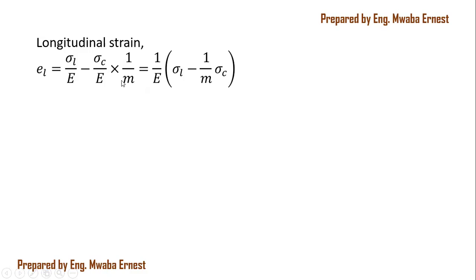The first one that we had was here, because that was the one we were dealing with. In this case, we're dealing with the longitudinal stress, so it's the one that is supposed to be here. Then again, we're just factorizing: 1 over E in the brackets, longitudinal stress minus 1 over m times circumferential stress.